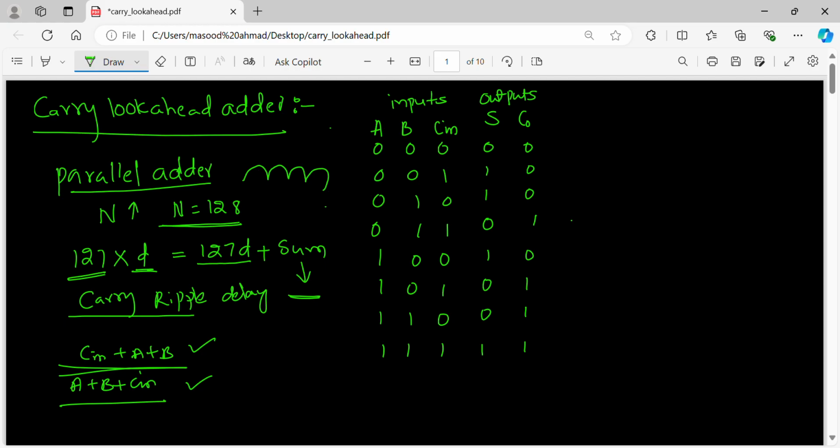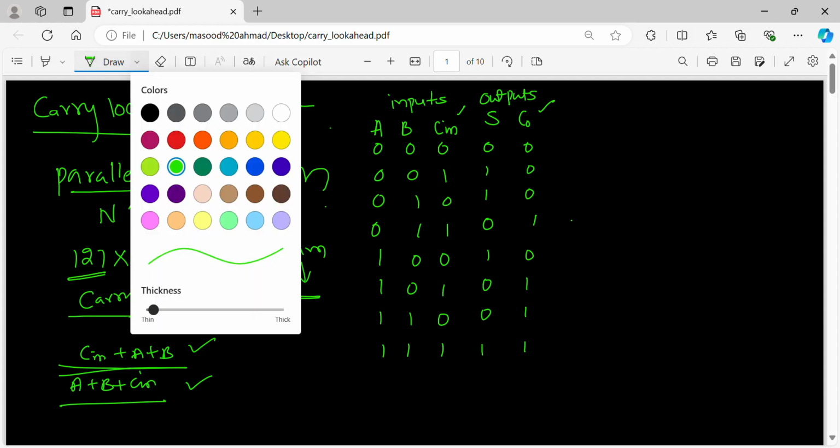Now, what we would like to do is compare C out with C in.